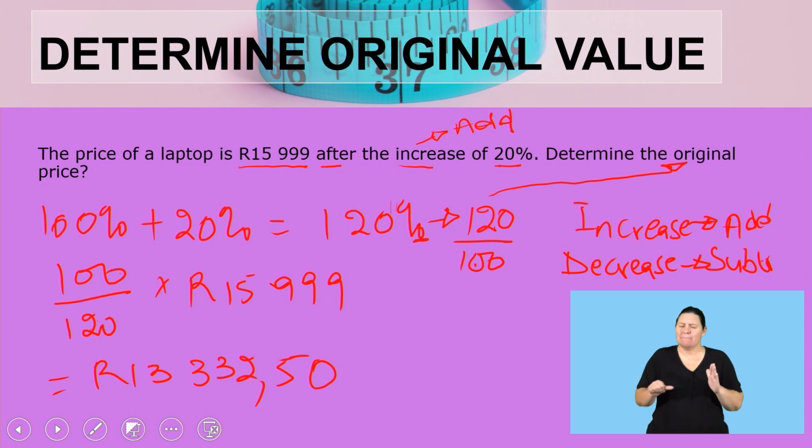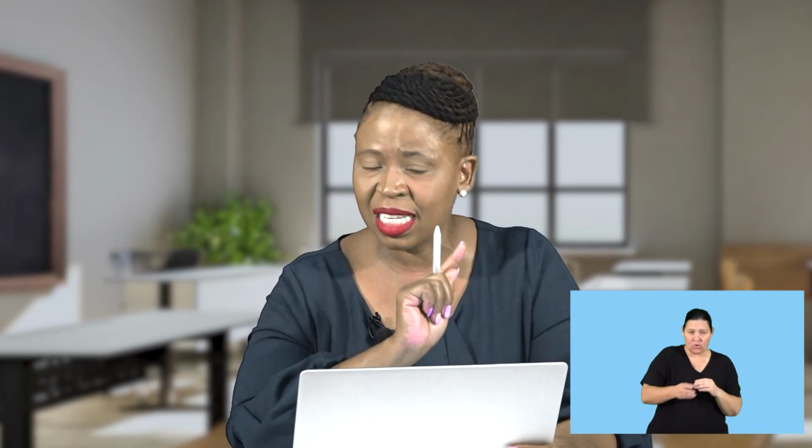It is very important for you to read the question and understand it before you do your calculation, because you can see the impact of increase and decrease as we calculate the original value. So make sure that you read your context clearly and identify whether you are going to add or subtract. Increase, we add; decrease, we subtract.